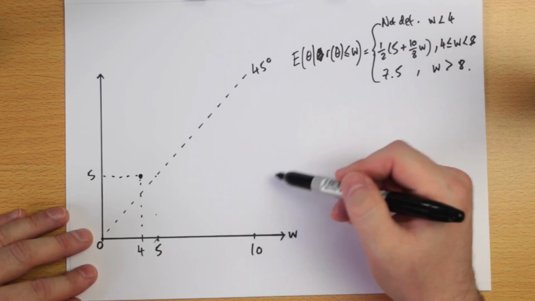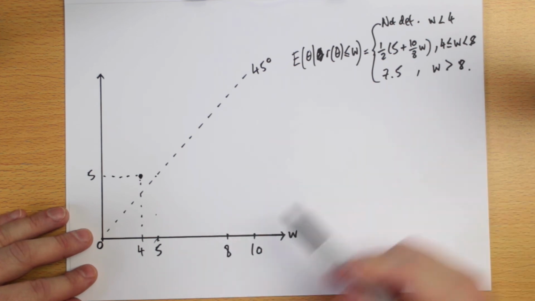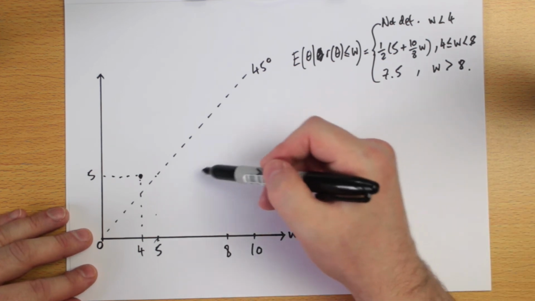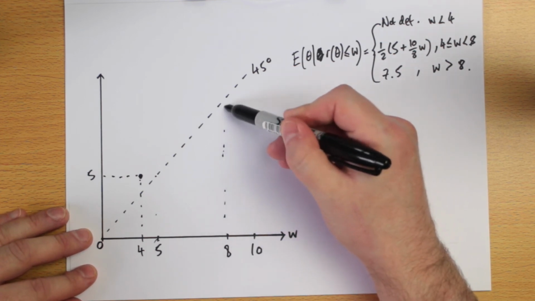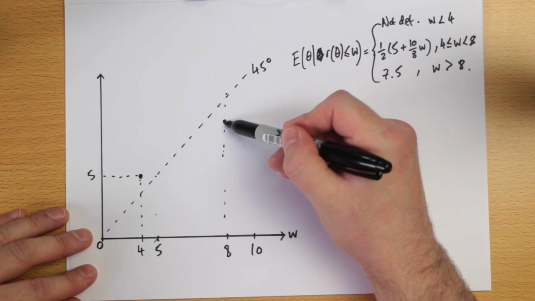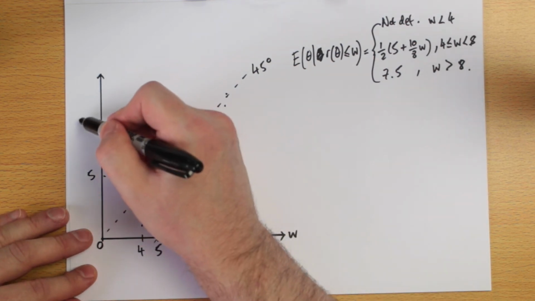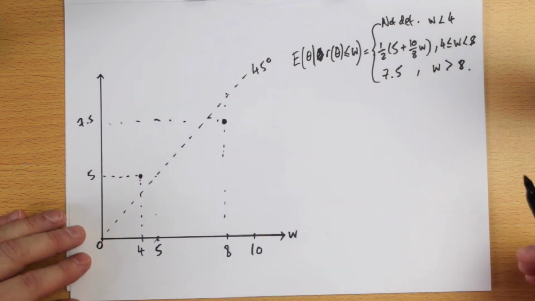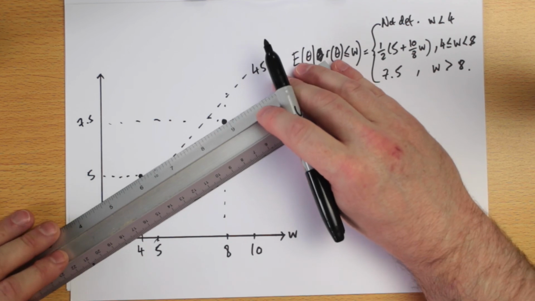And when the wage is 8, everybody is employed, in which case we get 7.5. So I go all the way up, there's 8, and come down a bit. And let's call that point there 7.5. I'm not drawing this perfectly to scale, but giving you the idea.